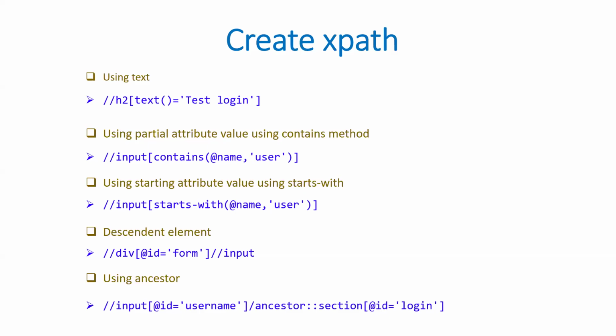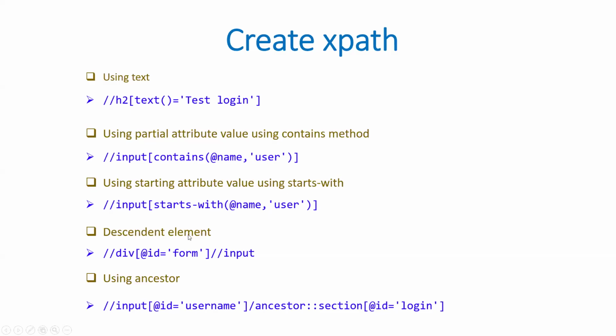Whenever you want to use partial attribute values, you should use the contains method. Similarly, the starts-with method can be used if you want to define the attribute's starting value. That means the attribute value should begin with a specific text. So in that case, you can use the starts-with method in the XPath.